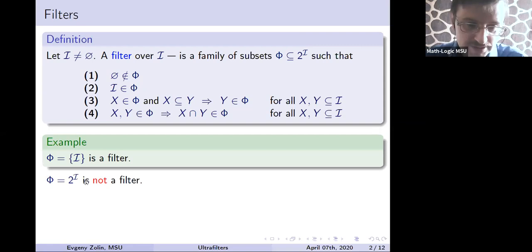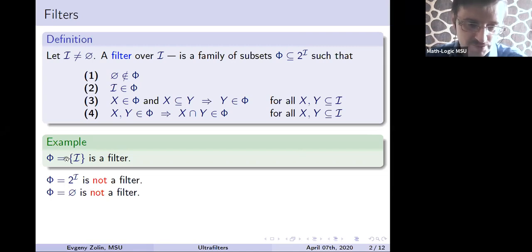So this is not a filter. And if phi does not have any sets at all, then again it is not a filter because I is not its member. So it shouldn't have all subsets, and it shouldn't have no subsets. It must be somewhere in the middle.